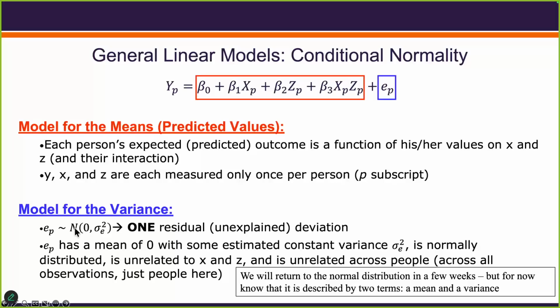Identically means the same error variance, and independently means there's no correlation between them. So error is normally distributed, and that's the assumption of normality. The mean of error has to be 0, and then it has the variance of error here.